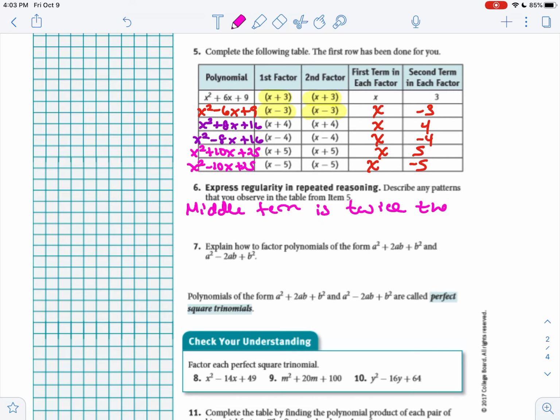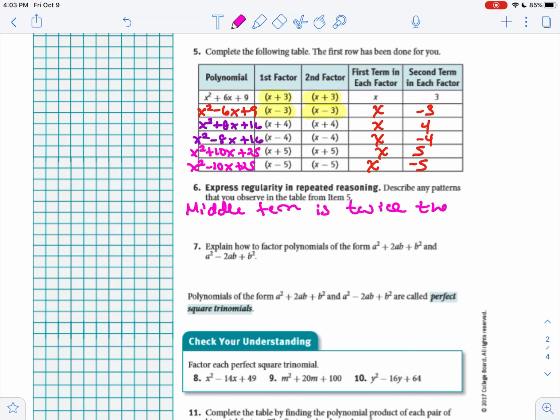And for a squared minus 2ab plus b squared, you'll have a minus b times itself, a minus b. And again, the outers and the inners double, but this time we're doubling a negative number, and that's why it's negative 2ab. And so we call these our perfect square trinomials.